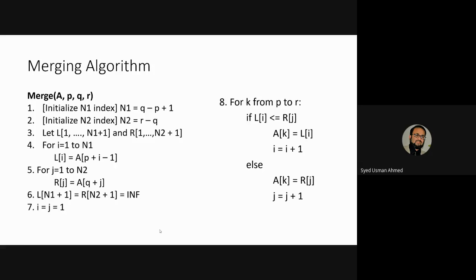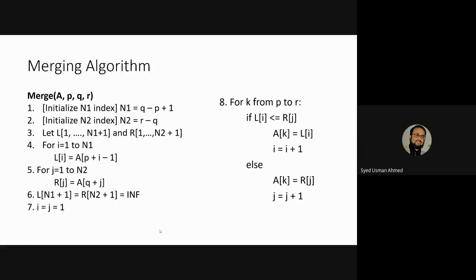In step 4, we iterate in a loop with i from 1 to n1 and populate the values of A, the original array, into L[i], right? And then in the fifth step, we similarly iterate for R and copy the second part of A into R[j].